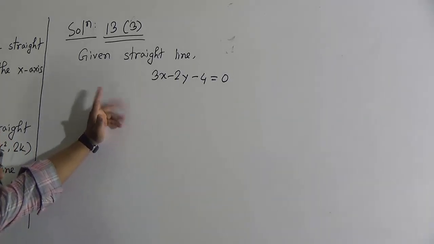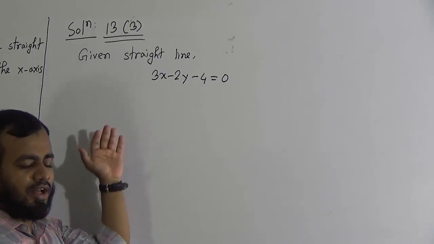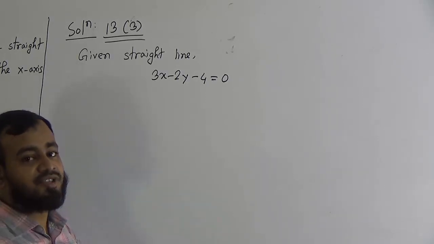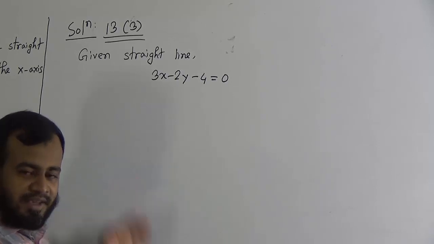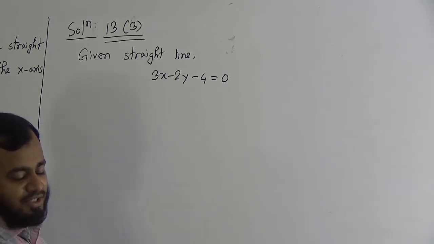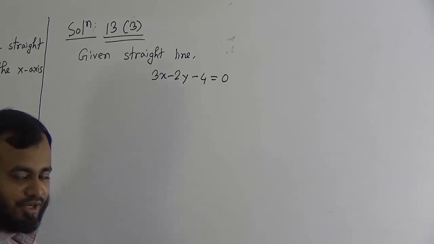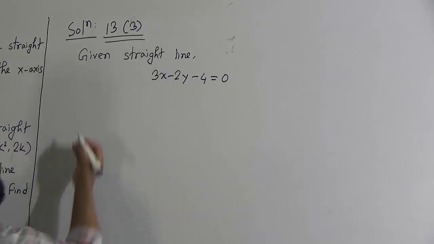We know already that on the x-axis all the ordinate values are 0, that means y equal to 0. And on the y-axis the abscissa will be 0, that means the x value is 0 on the y-axis. Now I am going to write this down.